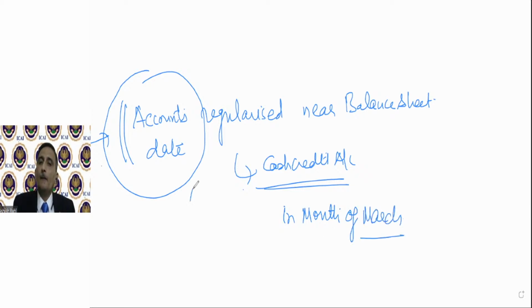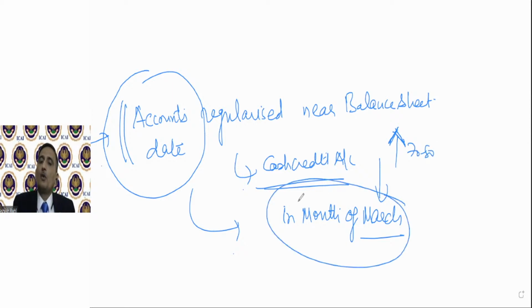The balance is reduced. Earlier, the balance was continuously over for say 70-80 days, but in the month of March, to avoid becoming NPA, the balance is reduced and the account comes within the sanction limit.